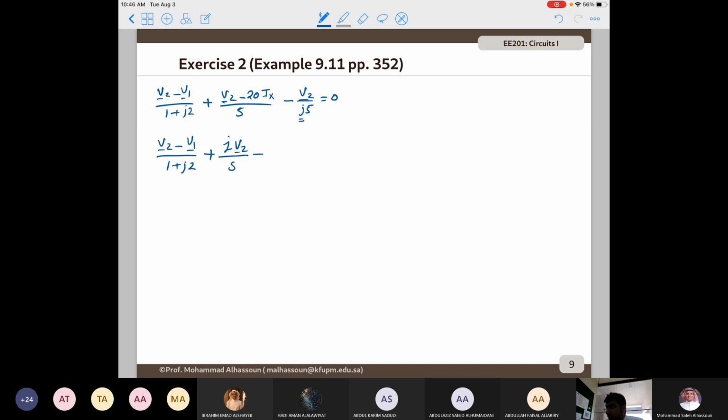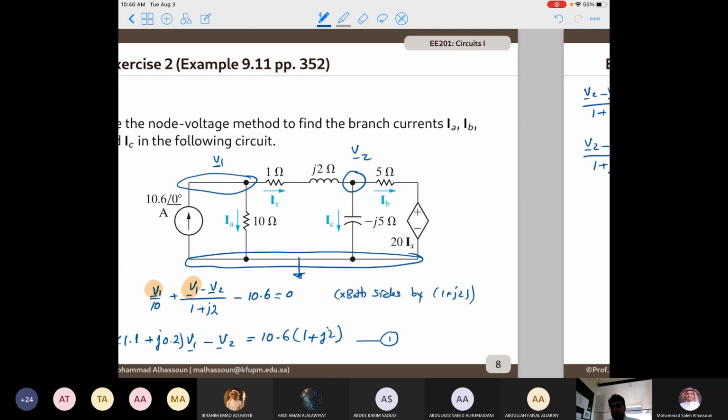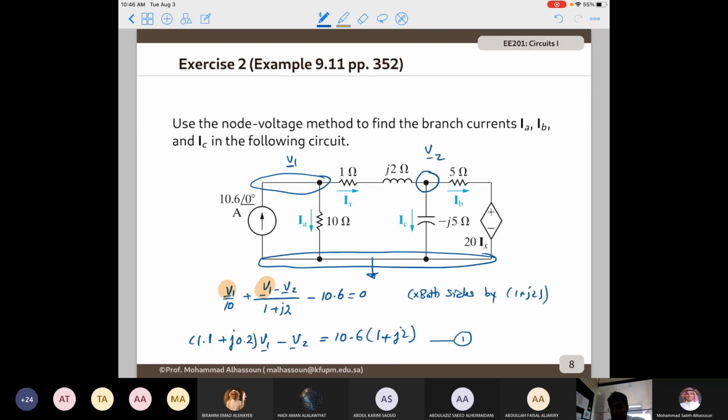Then V2 minus 20 IX divided by 5 equals 0. So what is IX, Al-Hamidani?